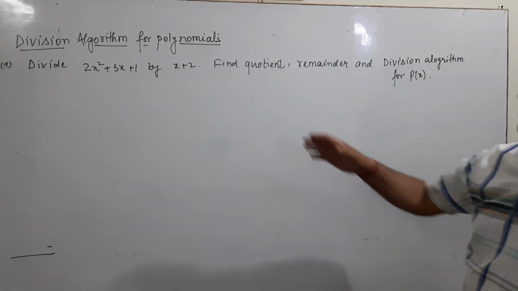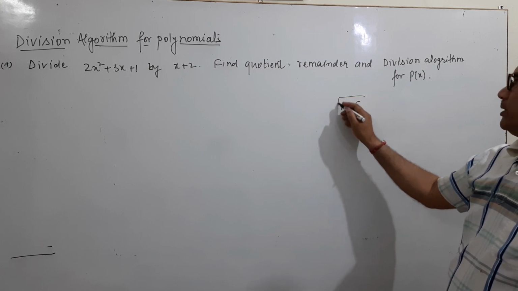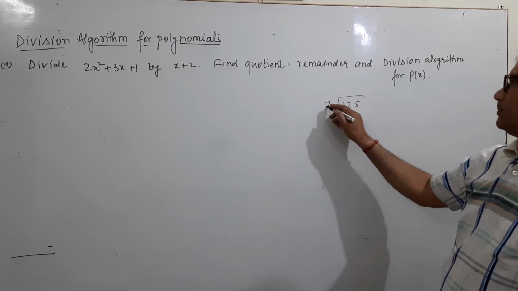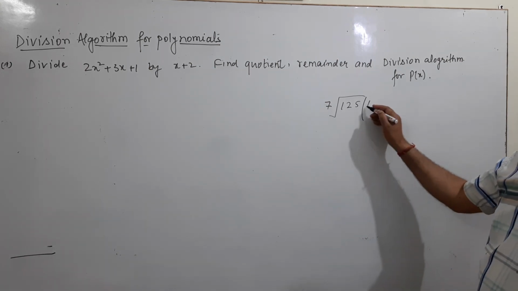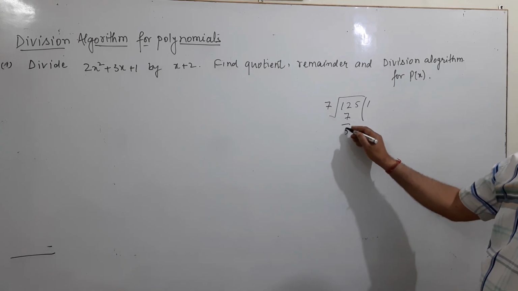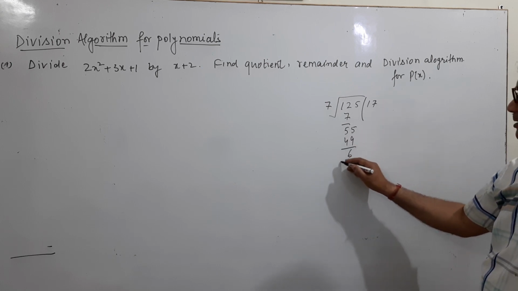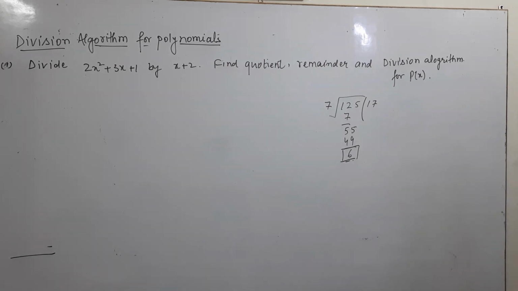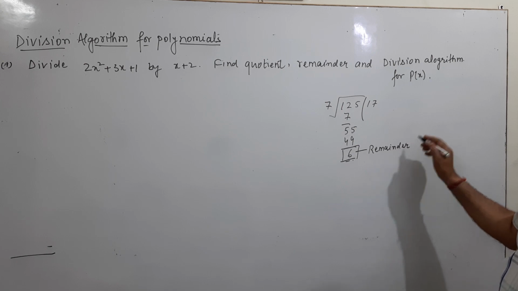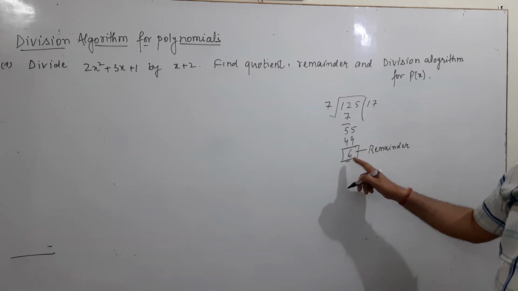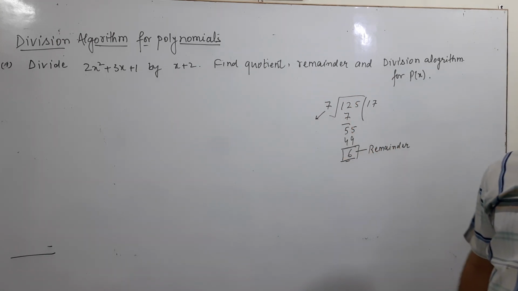Before solving this question, I want to solve one like this: 125 divided by 7. Listen carefully. Here the 6 is the remainder.